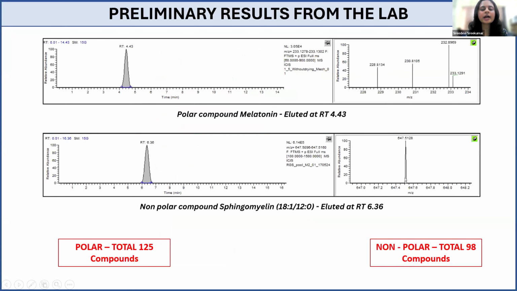For polar, I had targeted around 175 compounds, and I was able to obtain this many compounds in my analysis. So from these preliminary data, I'll be going for targeted analysis using the IDQ kit for both polar and non-polar compounds.